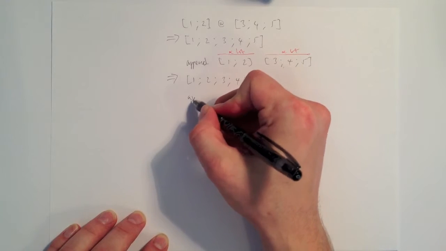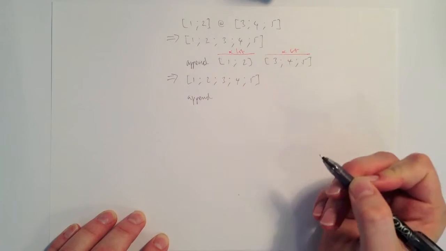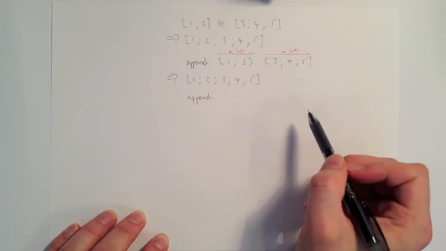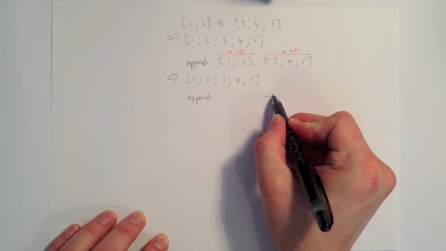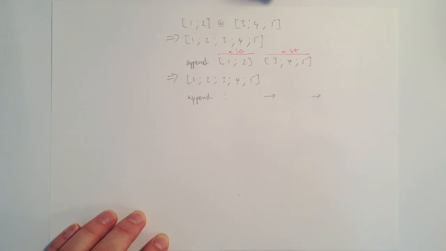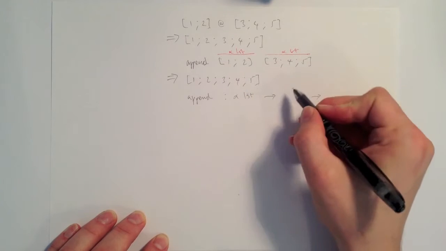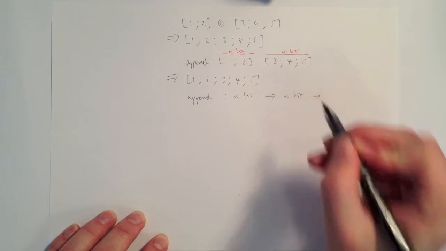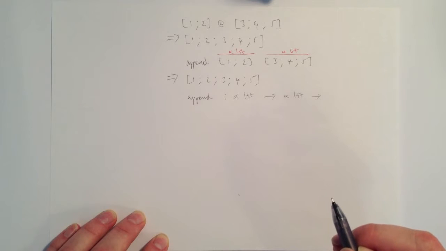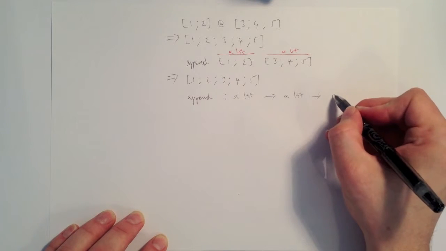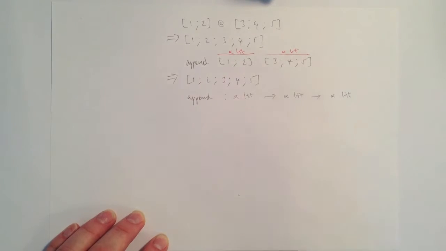Well, we know that it's going to take two things and return a third, so we can put some arrows in. The first thing is going to be of type alpha list, the second of type alpha list, and what will come out at the end? Another list, which is the list of the two input lists appended to one another, and so that has to have the same type alpha list too. So that will be the type of our function.